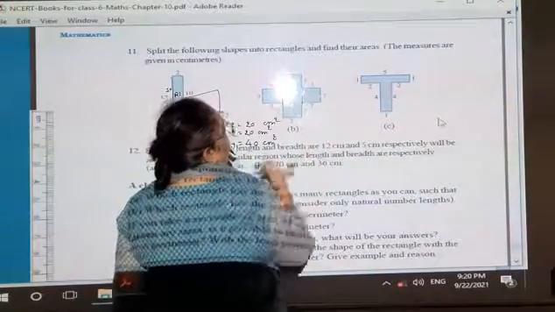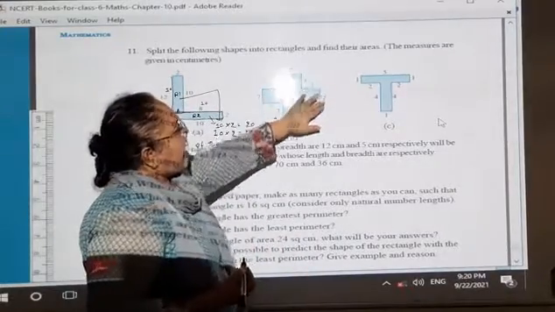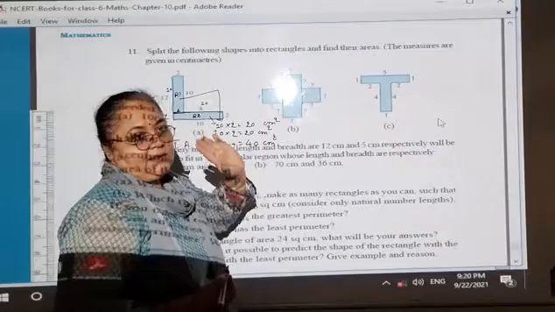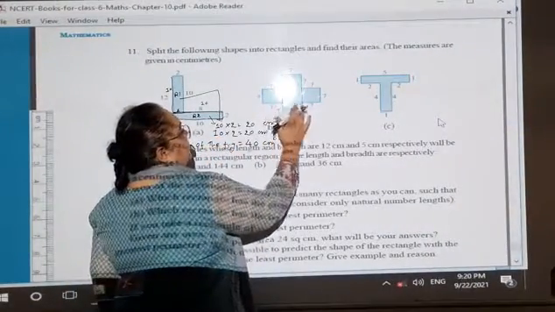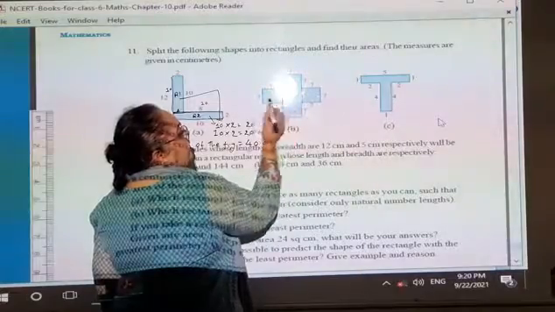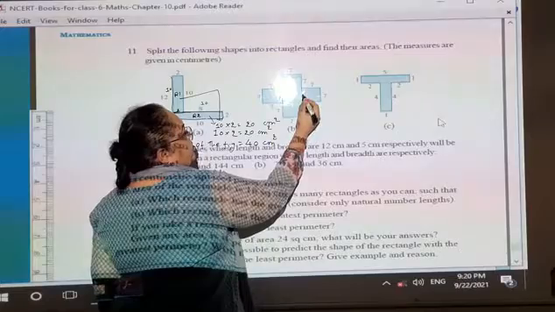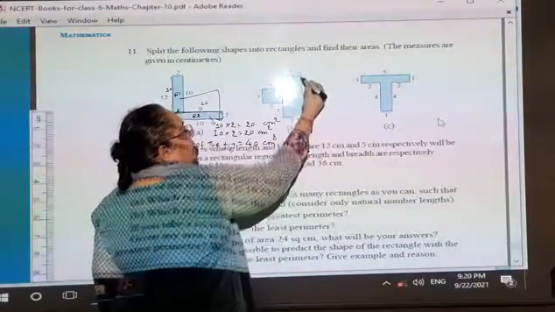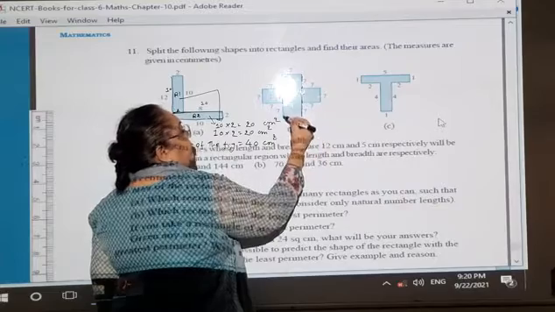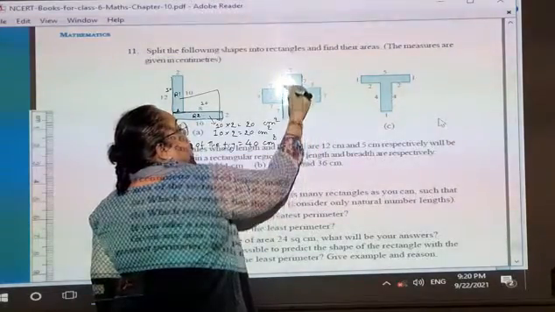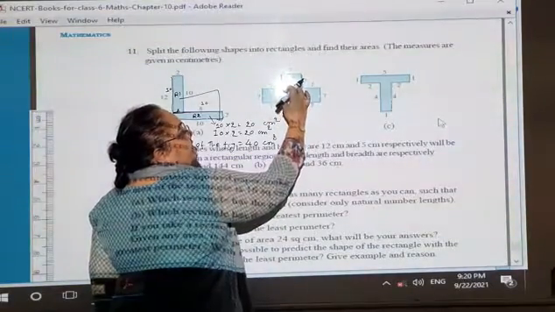Here and here. Now if you have noticed, all sides are of equal measure. Here this side is 7, so these also become 7, and these also become 7. But the whole side, starting from here and ending here, has 3 parts of this line segment: 7, 7, 7.